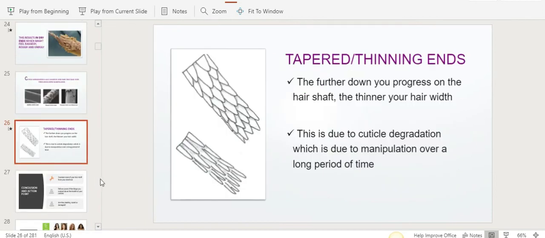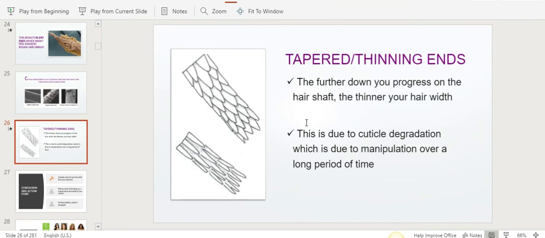So you probably know right now that whenever you twist your hair or you braid your hair, you're going to notice that the hair at the ends is very thin compared to the hair closer to your roots. The hair closer to your roots is probably thick, but then as you gradually go down towards your ends, you're going to notice that those hairs are very fine and very thin. So you're wondering, okay, what is going on here? The reason for that is cuticle degradation.